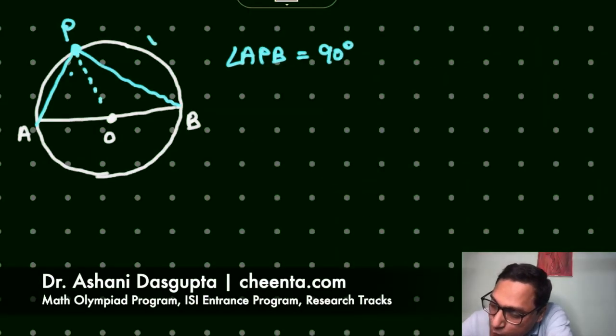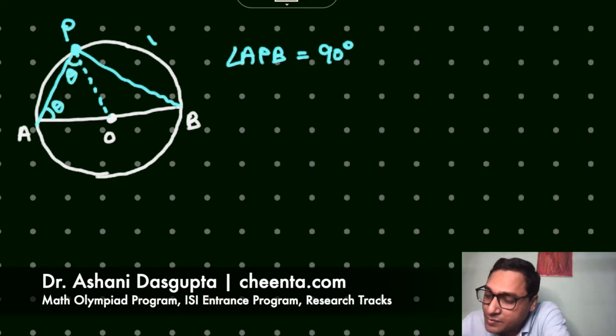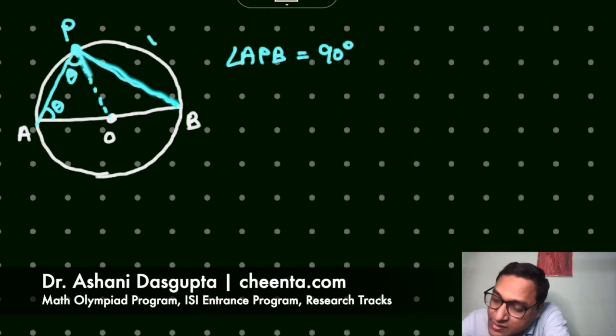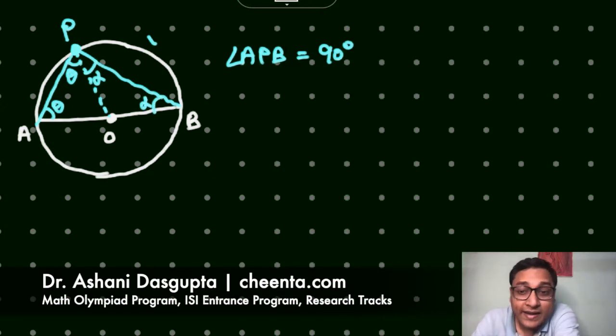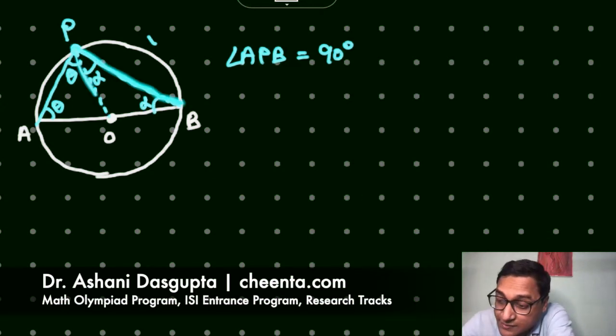If you join OP, notice that this is an isosceles triangle because OP is a radius, OA is a radius. So if this angle is theta, then this is theta. Similarly, OPB is an isosceles triangle. Why?